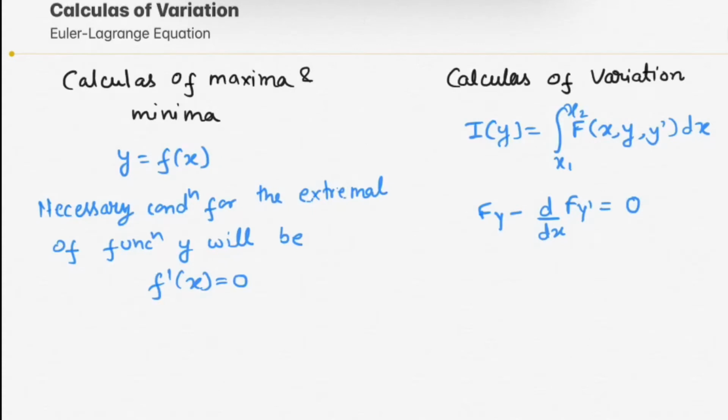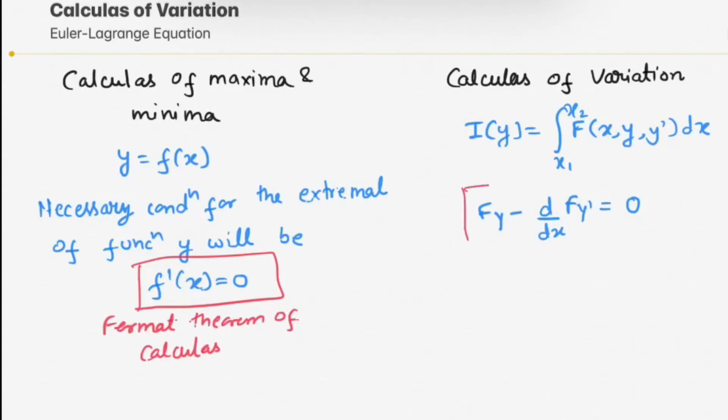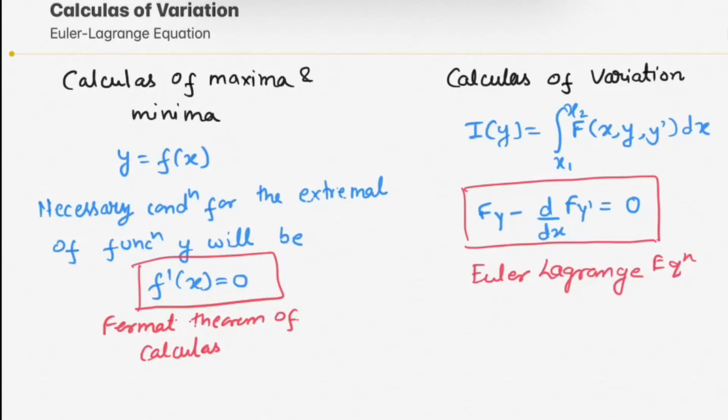The first equation is Fermat's theorem of calculus, and this equation is called Euler-Lagrange's equation. So now you can see the Euler-Lagrange equation is analogous to Fermat's theorem of calculus.